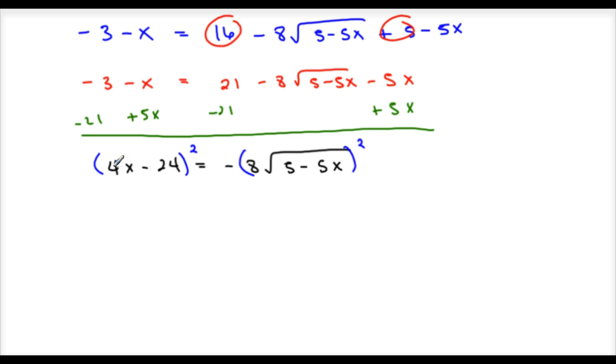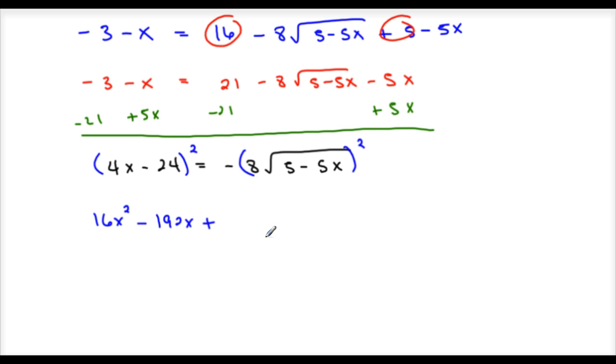Okay, so I'm going to have 4x, you can FOIL this, 4x times 4x is 16x squared. I'm going to take 4 times 24 and I'm going to double it, so I'm going to get negative 4 times 24 is 96, 96 times 2 is 192 plus 24 squared.